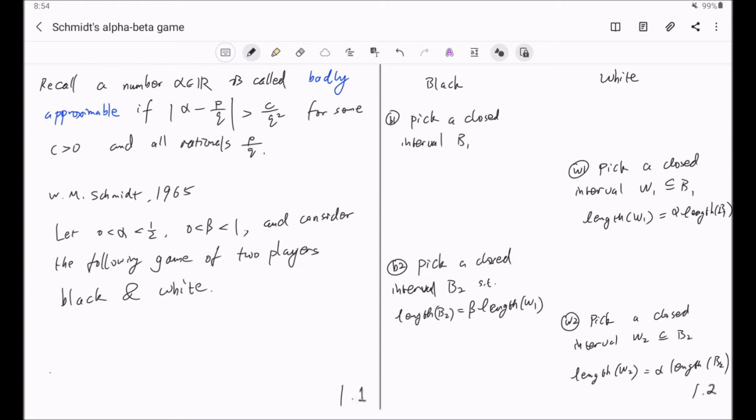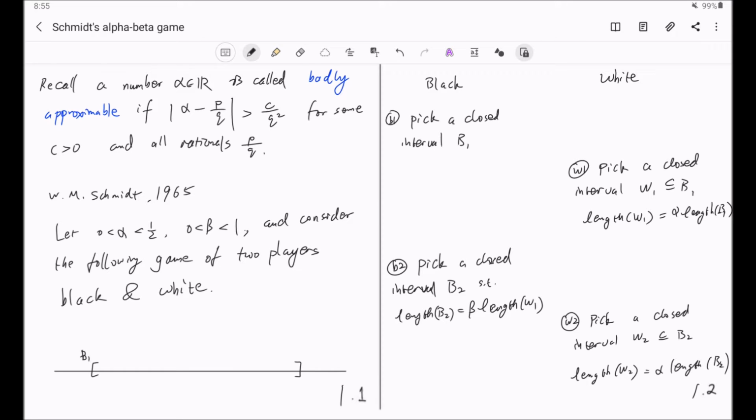And we can draw a picture here. In the first step, black will pick a closed interval, B1.